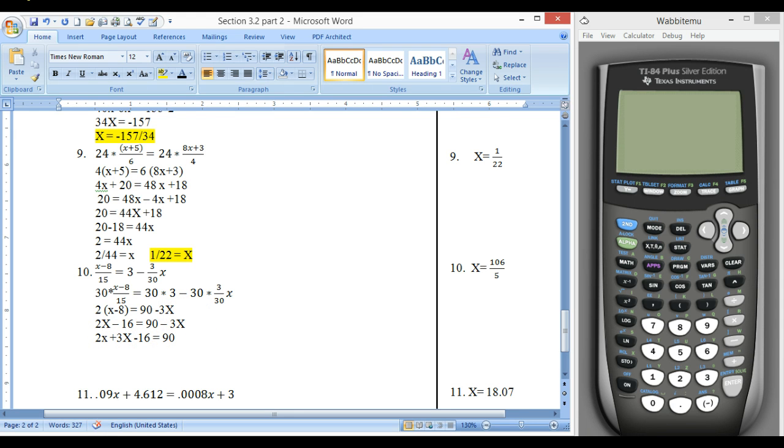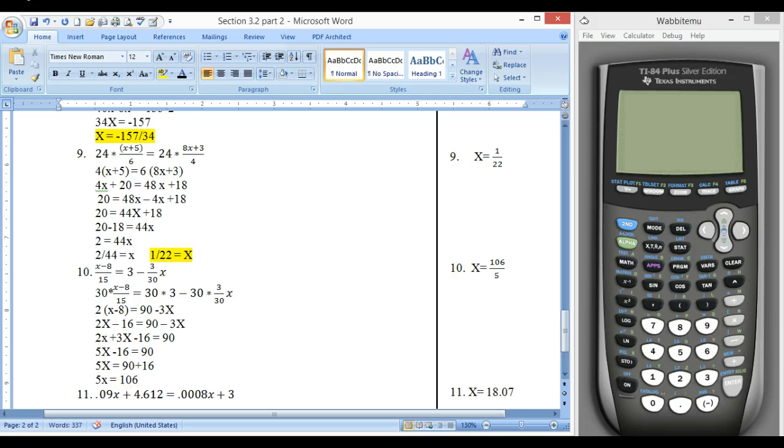2x plus 3x gives me 5x minus 16 equals 90. Now I need to take that 16 over, so it becomes positive, and I get 90 plus 16. So I have 5x equals 106.